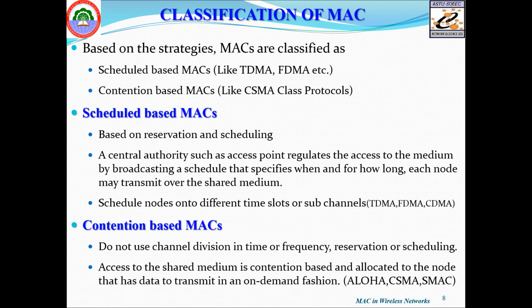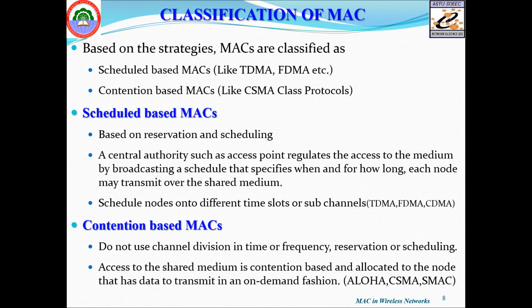For example, each of these nodes knows the specific slot in which it is going to attempt its transmission, in the slots allotted to it by the access point. For both downlink and uplink, different time slots are assigned to these nodes individually.